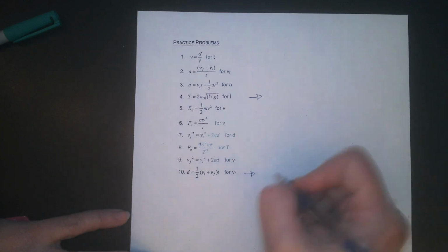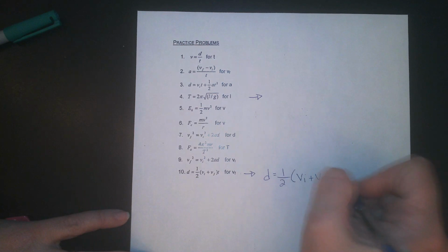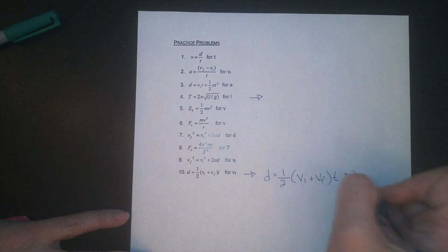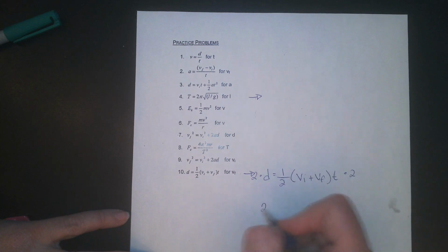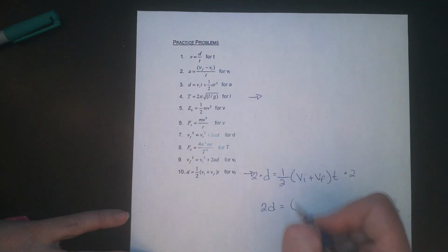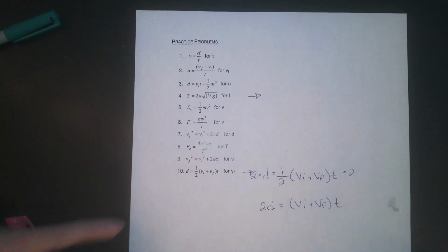In order to do that, we would multiply this side by 2 and multiply this side by 2. And so you would have 2d is equal to vi plus vf multiplied by t.